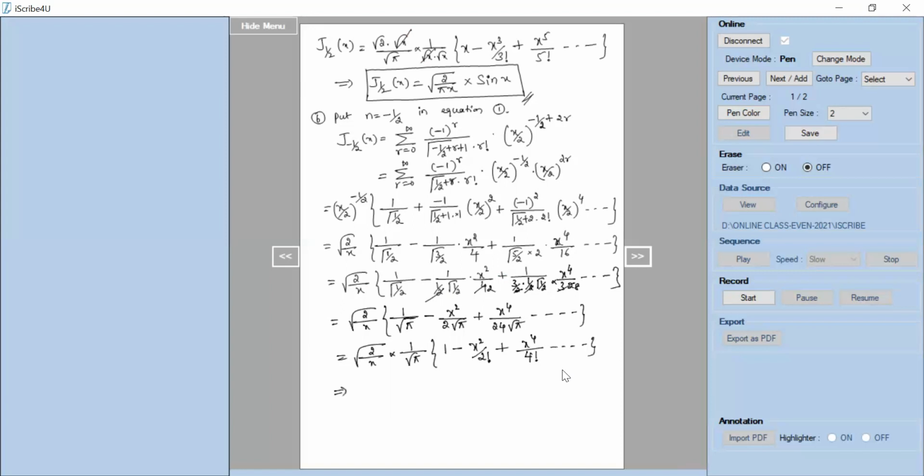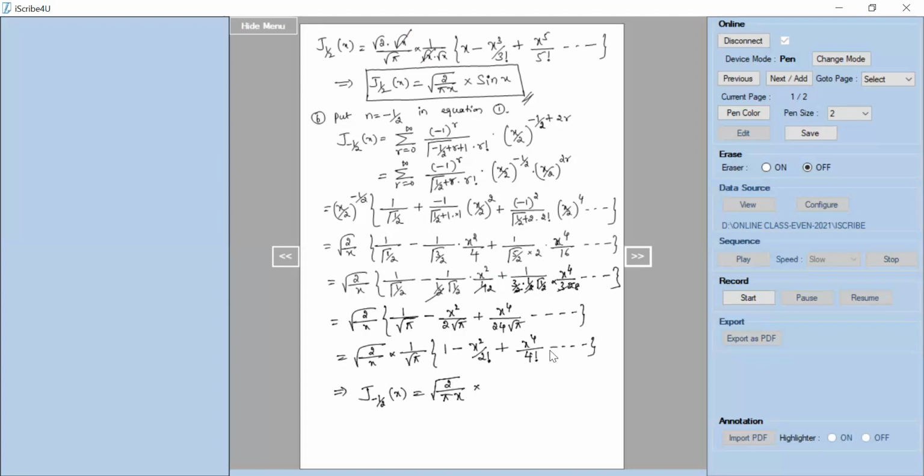Now if we combine this, we get J minus 1 by 2 of x equals. So here I can combine root 2 by root x into root pi. So by combining, I can write this as square root of 2 by pi x into, now this 1 minus x square by 2 factorial plus x power 4 by 4 factorial and so on represents the series expansion of the cosine function.